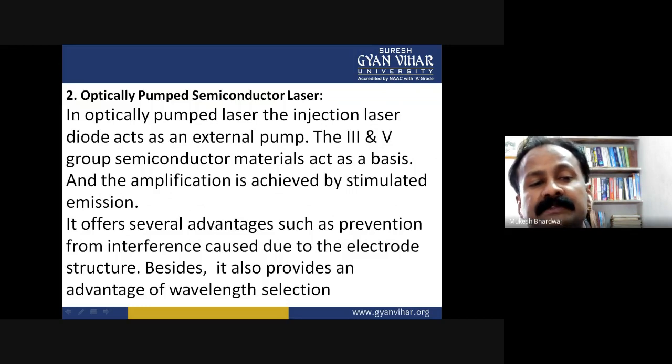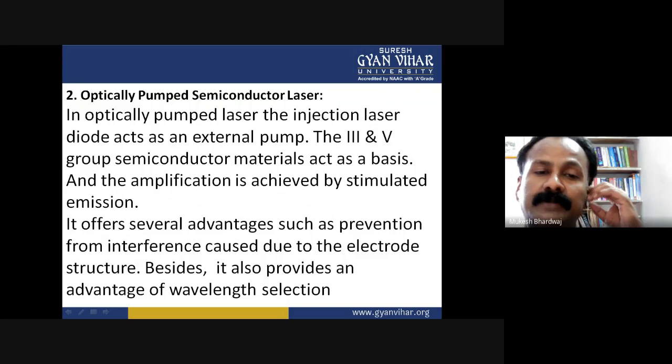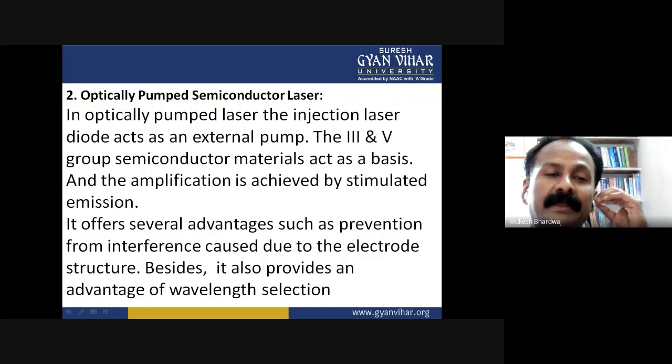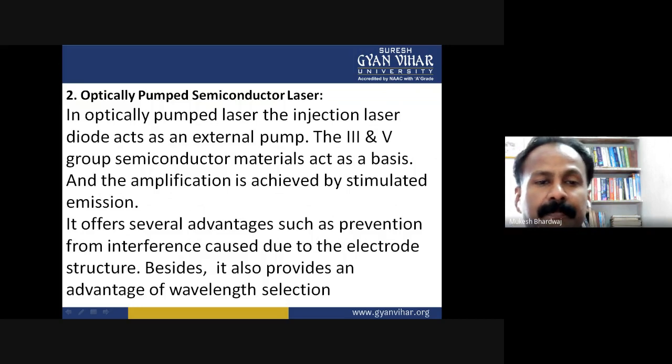All but the last loss mechanisms are lumped together and represented by an absorption coefficient alpha, which can be calculated by some mathematical relationship. The transmission losses are accounted for by the reflection coefficient at each end.